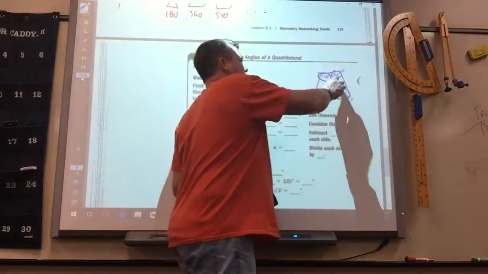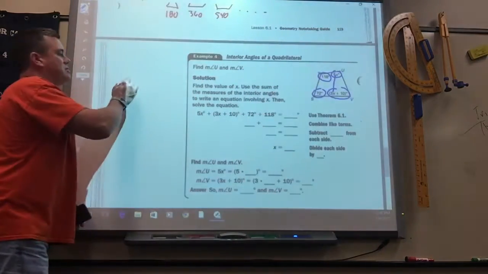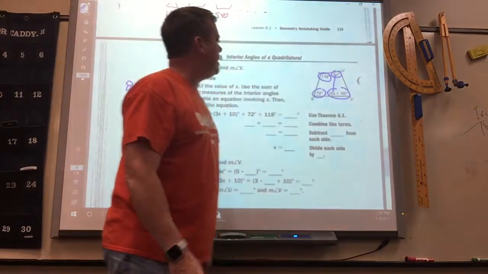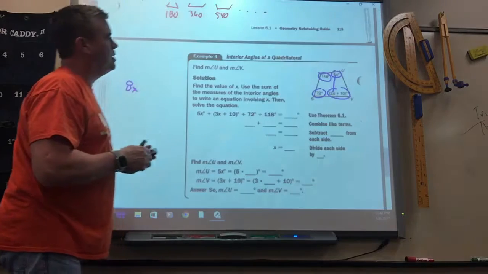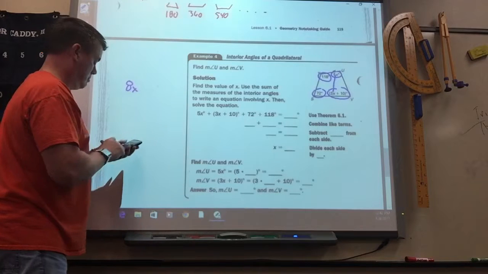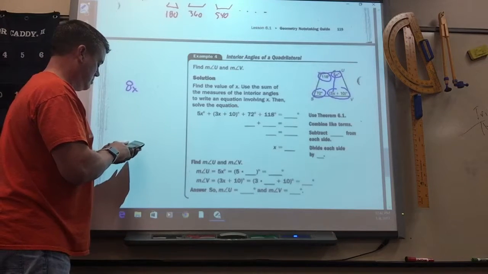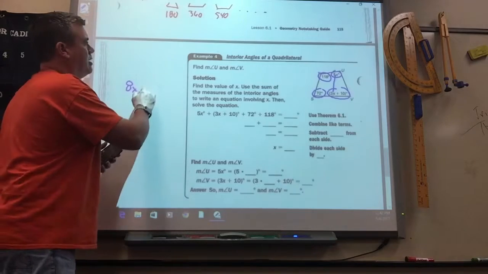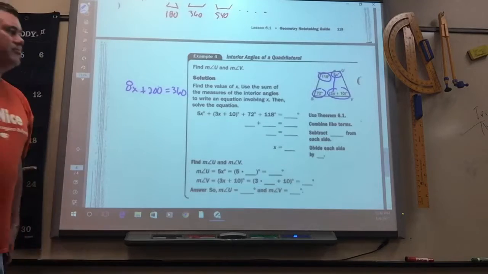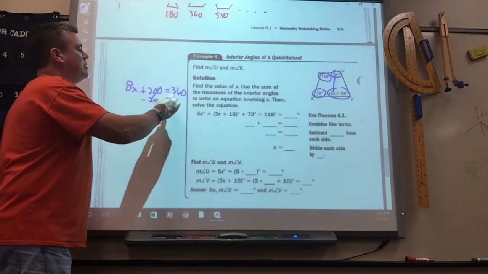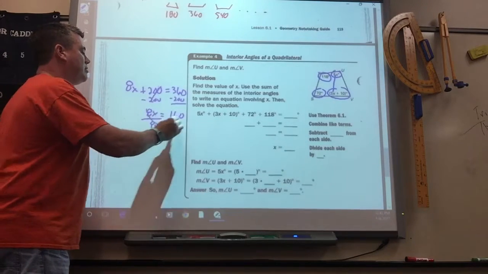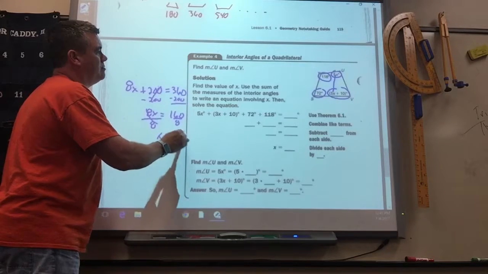You can combine the x's right away. 5x and 3x is 8x. 118 and 72 is 190, plus 10 is 200. They gotta add up to 360 degrees. So subtract 200, then divide by 8, and x is 20.